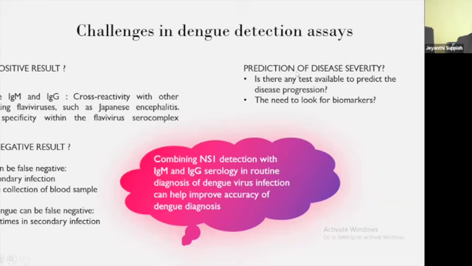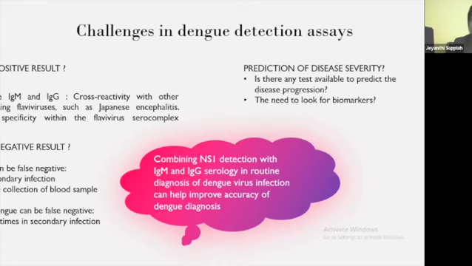Another issue is the prediction of disease severity. Until now, I don't think we have a reliable assay to help the clinician to predict the disease severity, whether this patient is going to end up having severe dengue, and because the prognosis is not good. So is there any test available to predict the disease progression?